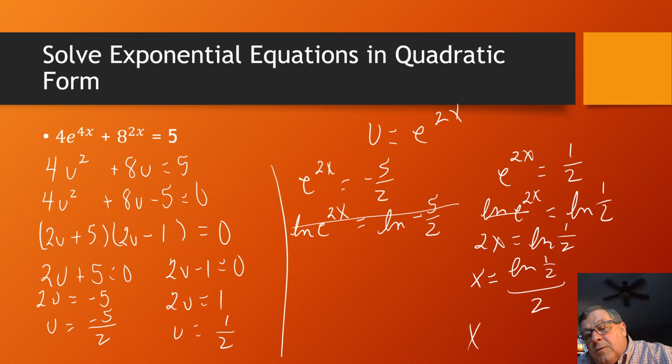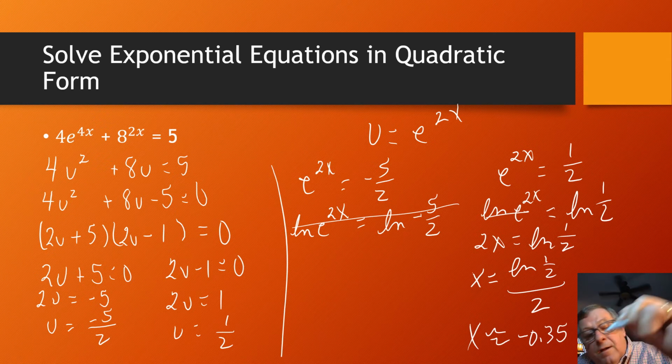So the x is going to equal approximately, let's figure that. ln of 1/2 divided by 2, rounded to the nearest hundredth, is negative 0.35. It is so nice when a good plan comes together.